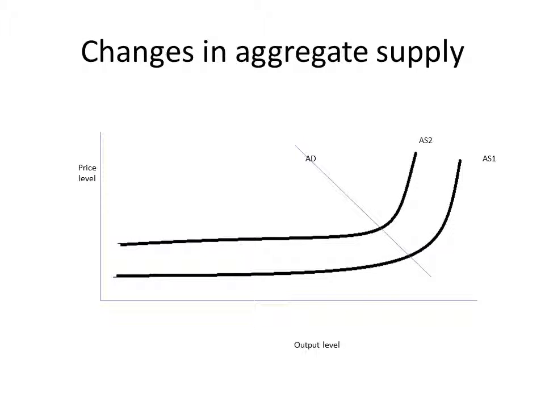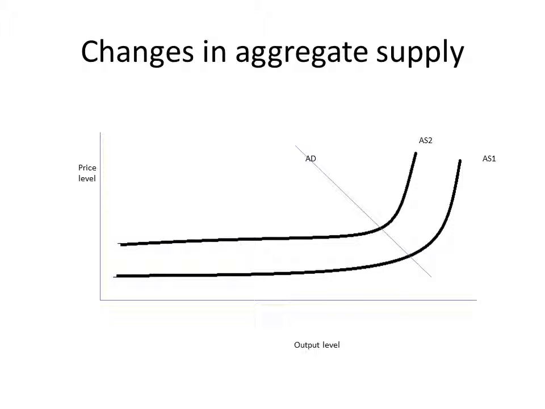Now let's talk about changes in aggregate supply. Here we've held the aggregate demand curve constant, but we have shifted the aggregate supply curve. And here we get an interesting change of events. When aggregate demand increases, we get both price increases and we get output increases. With changes in aggregate supply, something different happens.